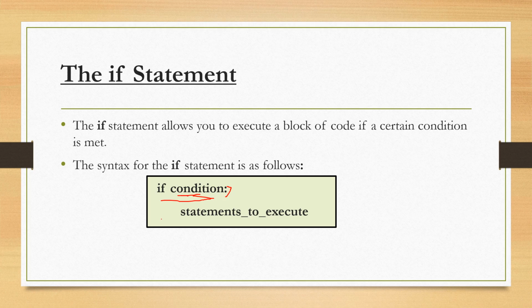Now this is the indentation. This indentation must be present, because if we do not give any indentation, then an indentation error will be raised. So you must use the if condition carefully and give the proper indentation. This is the syntax for the if condition.